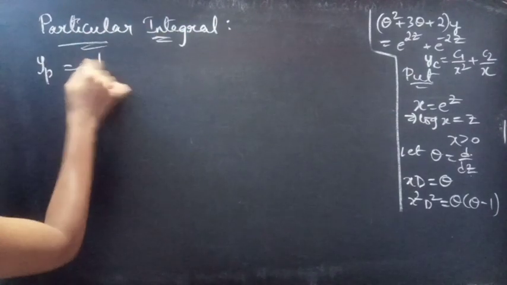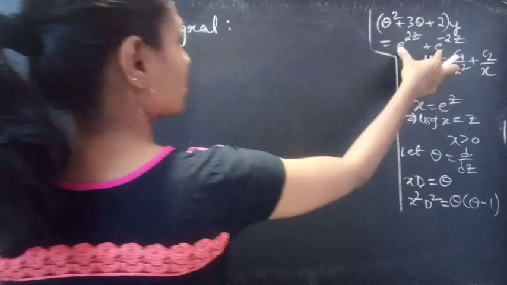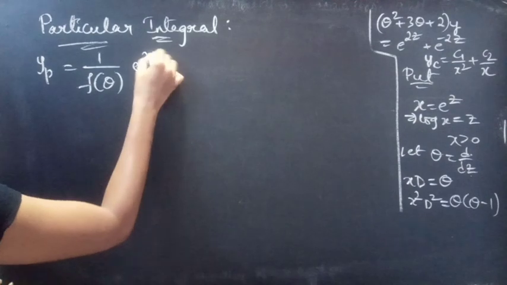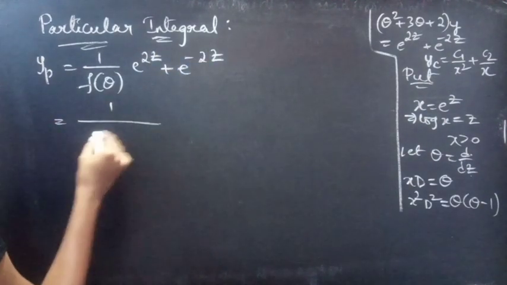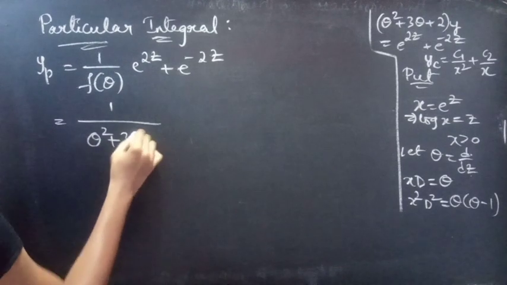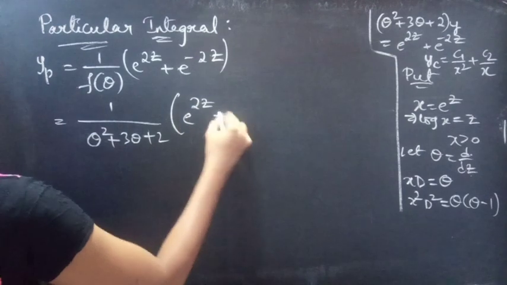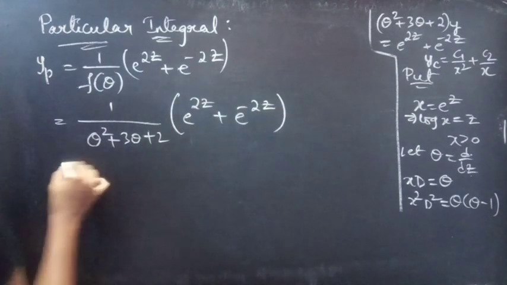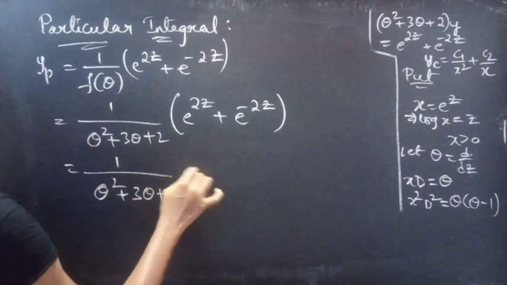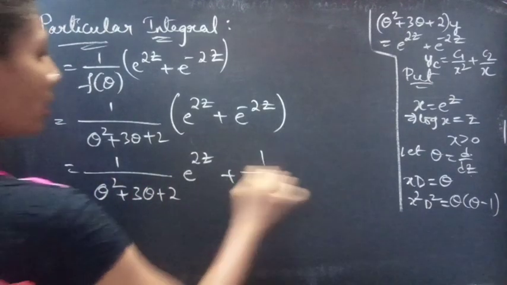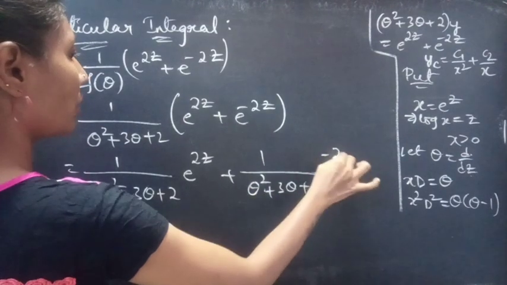We'll find yp using 1 by f of theta into the RHS part, that is e power 2z plus e power minus 2z. Okay, we have 1 by f of theta, theta square plus 3 theta plus 2, into e power 2z plus e power minus 2z, which is equal to 1 by theta square plus 3 theta plus 2 into e power 2z plus 1 by theta square plus 3 theta plus 2 into e power minus 2z.